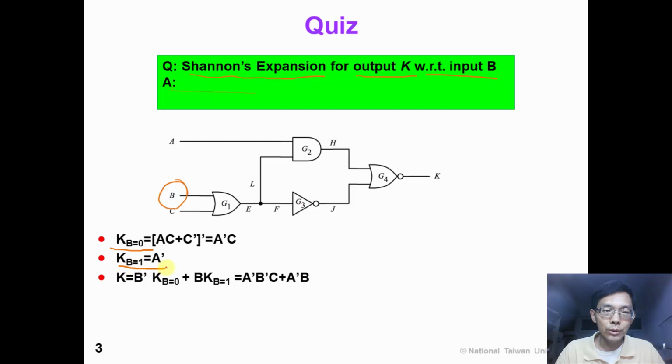Now we fix input b to 1, so this signal will be 1. So this is a, this is 0, output will be a prime. So according to Shannon expansion, we will get a prime b prime c plus a prime b.